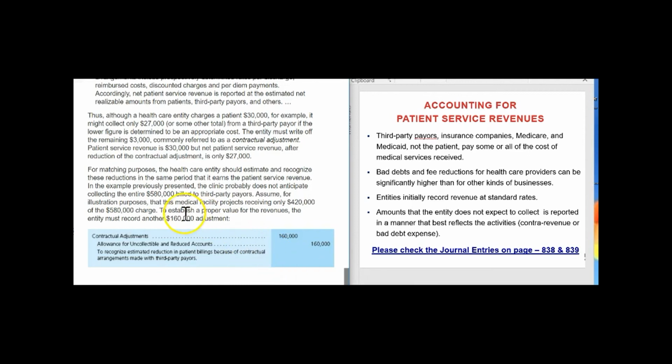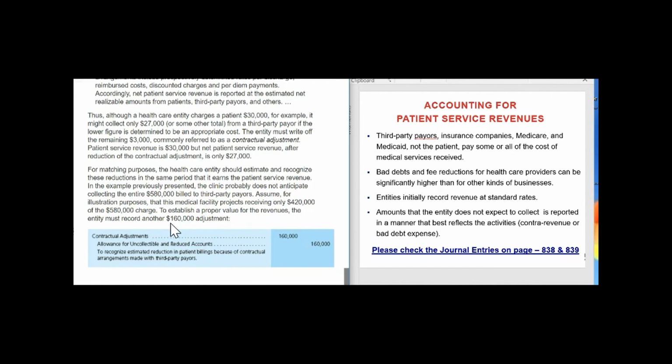Another example says that the healthcare entity does not anticipate collecting the whole $580,000 receivable from their third-party payers, and they figured out that they will receive only $420,000. That means $160,000 will not be collected.